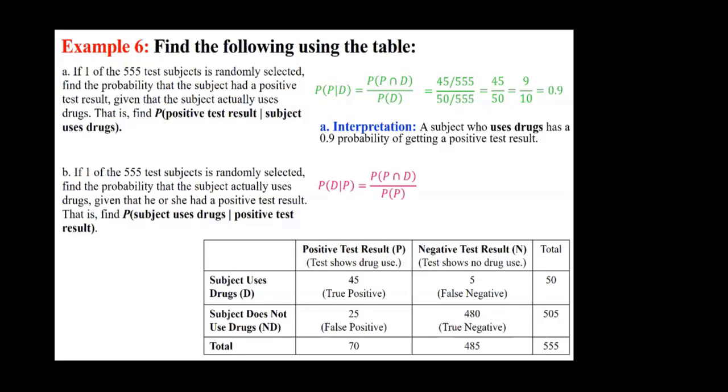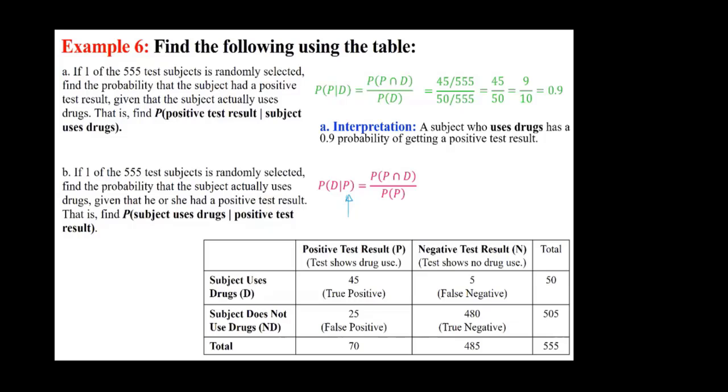Now, if we are using the conditional probability for D given P, the numerator stays the same, but the denominator now is the probability of what comes after given. There were 555 subjects. They are no longer there. So we are going down to what comes after the given. So after the given is P or positive. So that means you're dealing with the column of positive, total of 70 sample size.